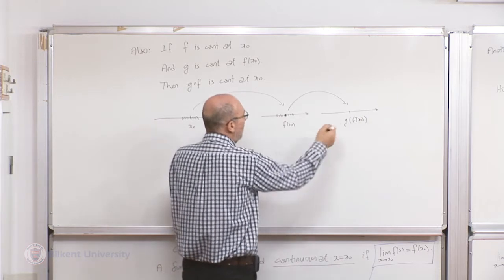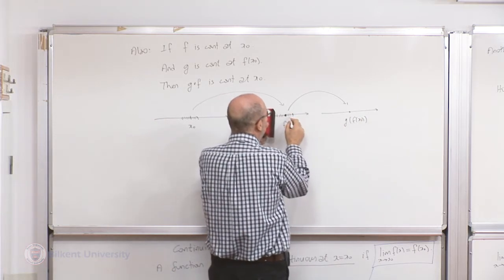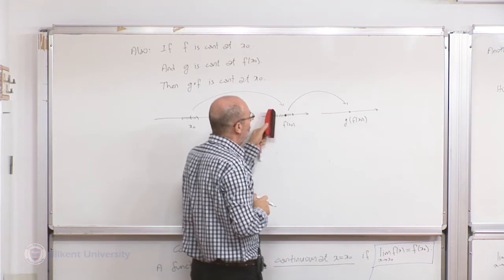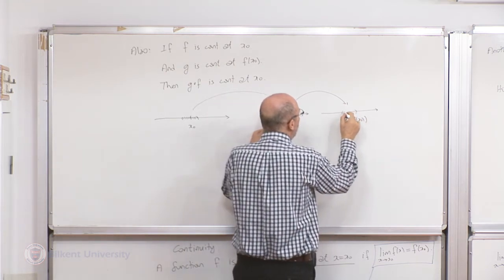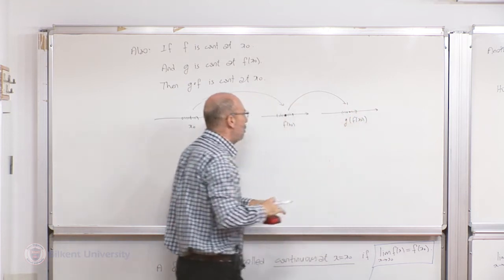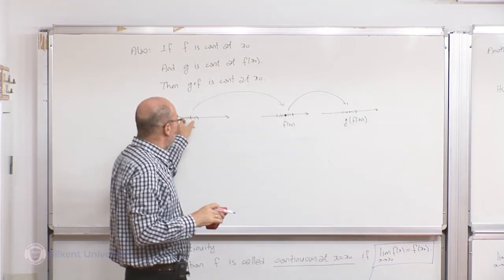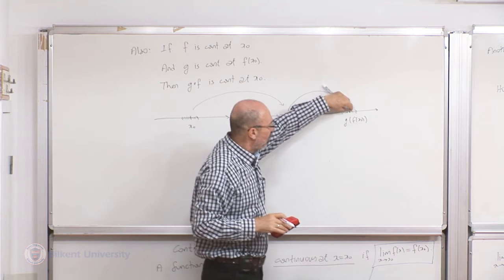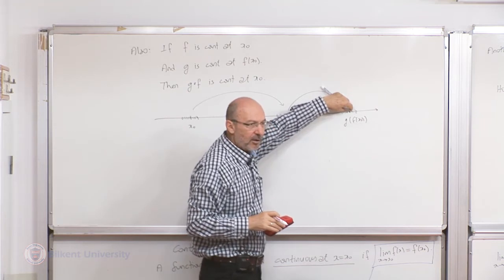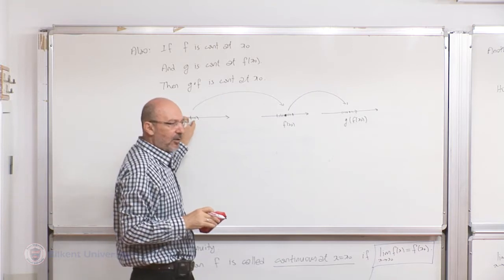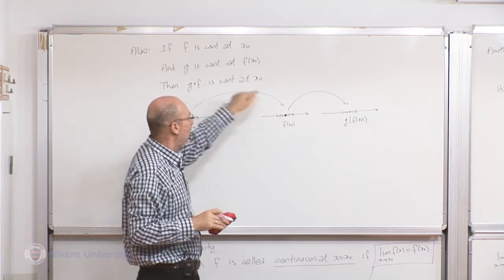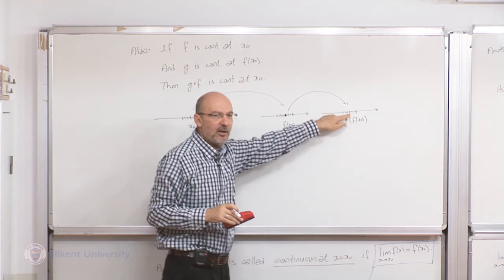Okay. Now, if g is continuous, again, as a consequence of the definition, it will take a small neighborhood here to a small neighborhood here. So you see that if I restrict myself to a small neighborhood here, if I want everything to be in some small neighborhood here, I can start with a much smaller neighborhood here, and this composition will land in that neighborhood.